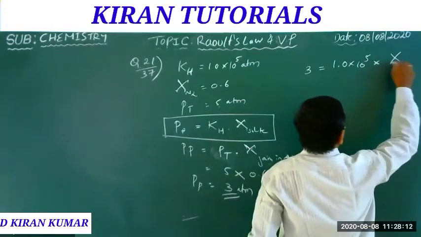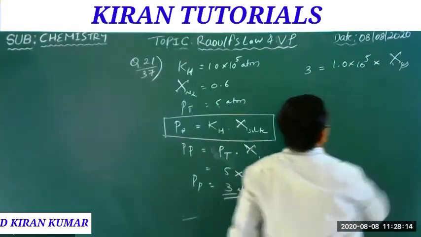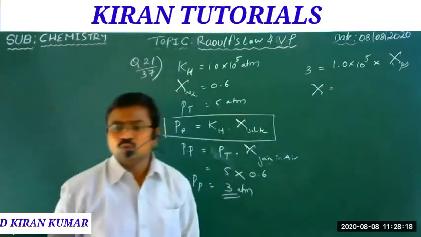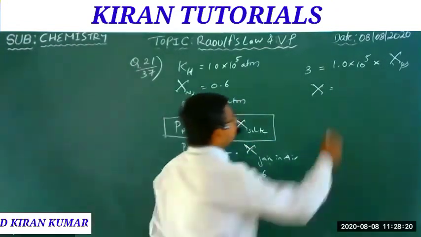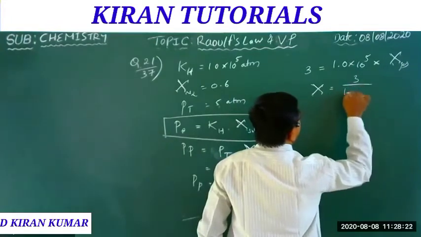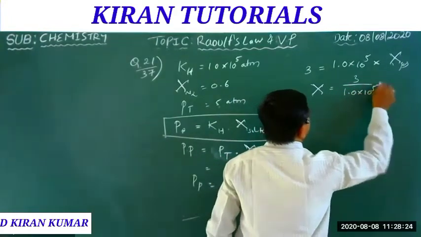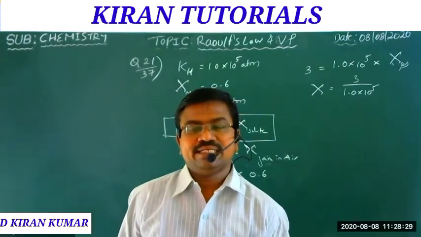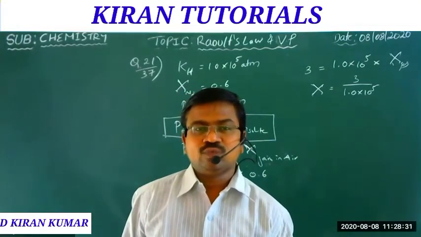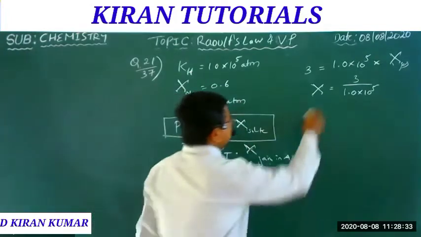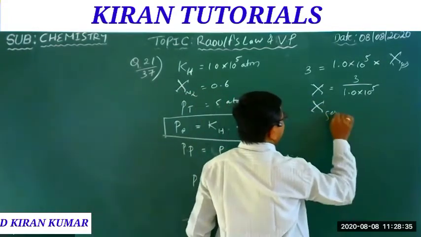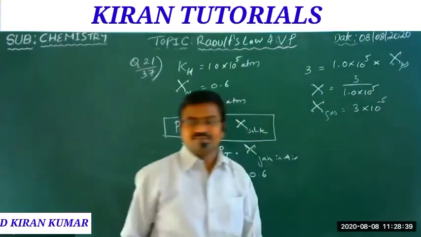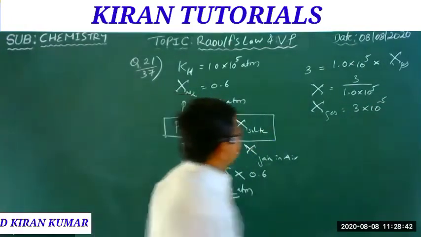So mole fraction of gas is equal to 3 by 1.0 into 10 power 5. Clear? 3 by 1.0 into 10 power 5. Nothing but mole fraction of gas is equal to 3 into 10 power minus 5. Clear? That is mole fraction.